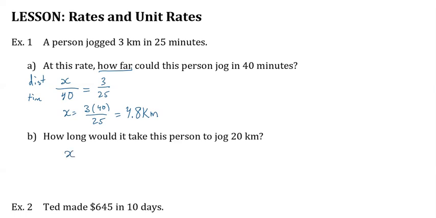But because I started with my question, my x is always on top, and that makes my solving life really easy. And this one I'm going to round to 1 decimal place.